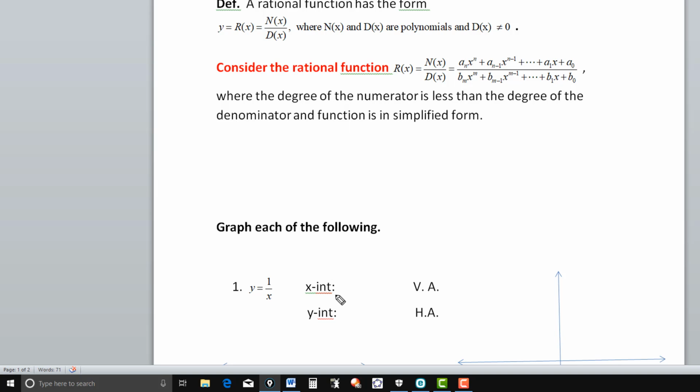Okay, so the first thing we're going to look at is the x and the y-intercept. The x-intercept is found by replacing the y by 0 and then you solve for x.